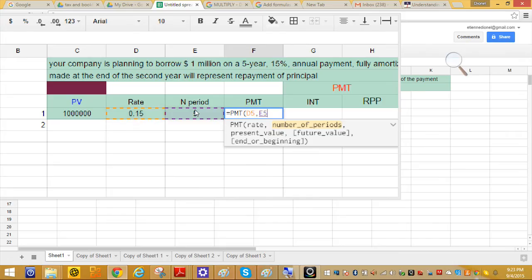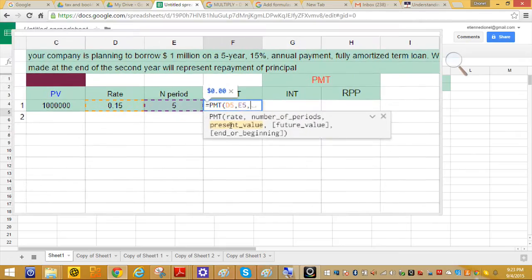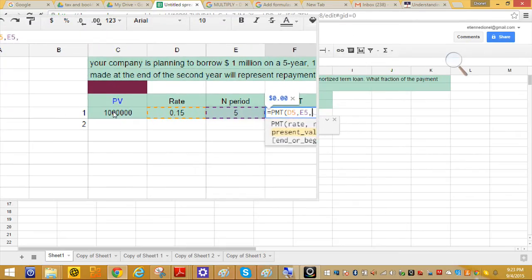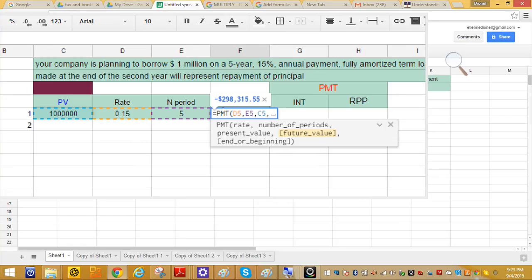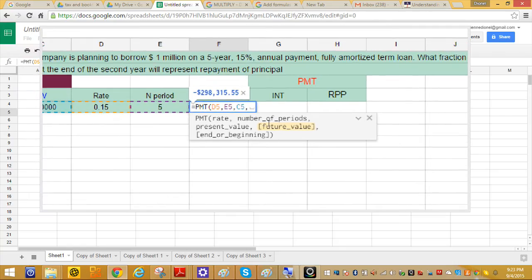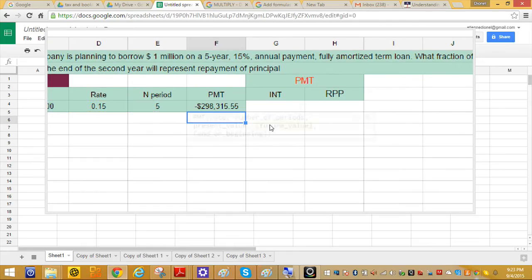Click on this, 5, comma, and then the present value is 1 million, and I already got it. Normally, when you have a periodic payment like that, your future value is 0. You can put 0 or nothing, it's really up to you. I'm done, I can just press enter.